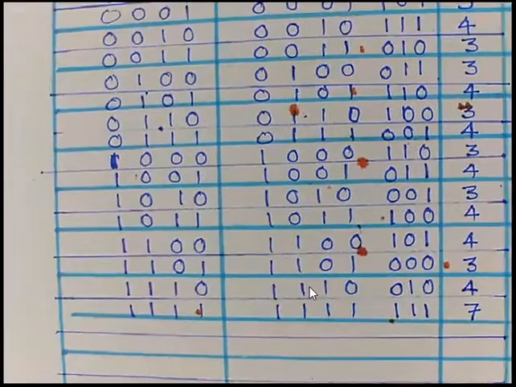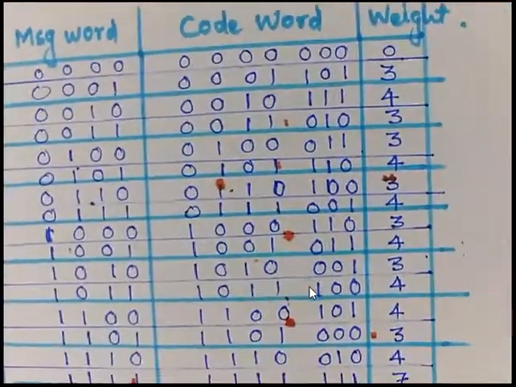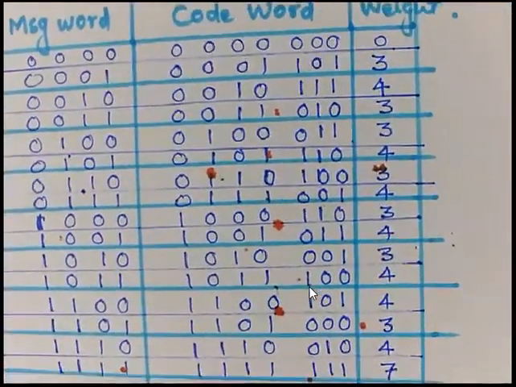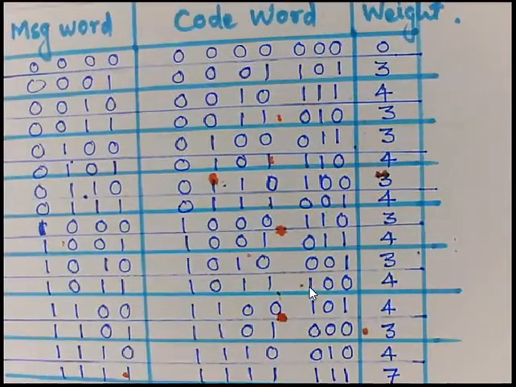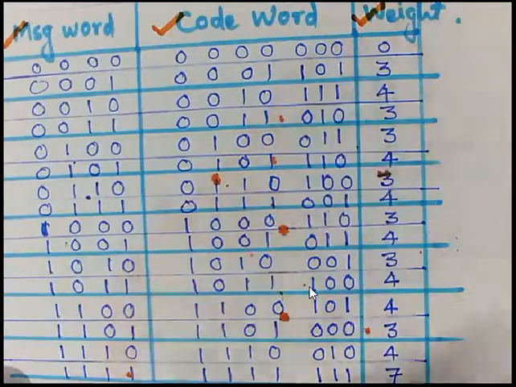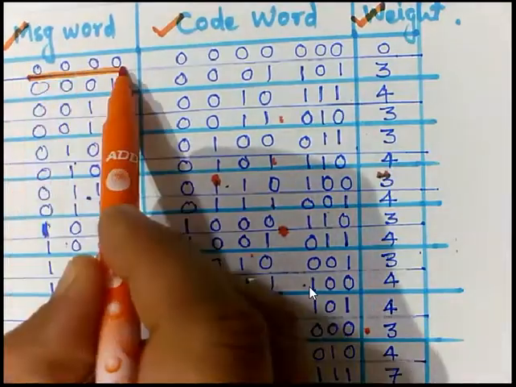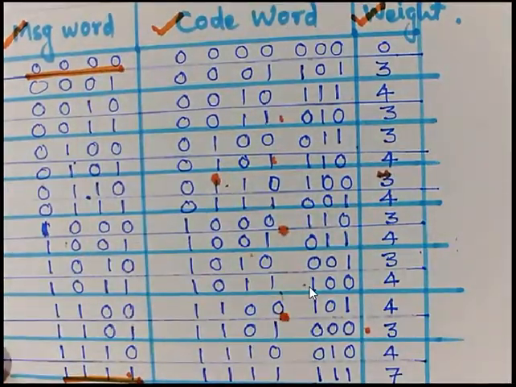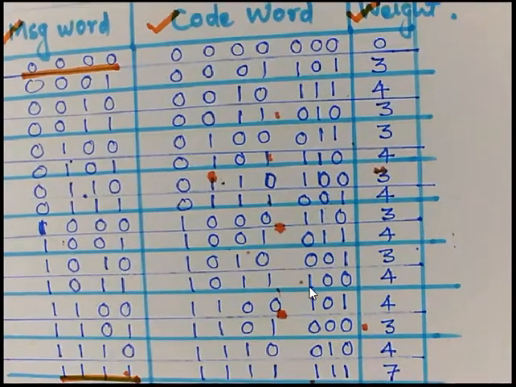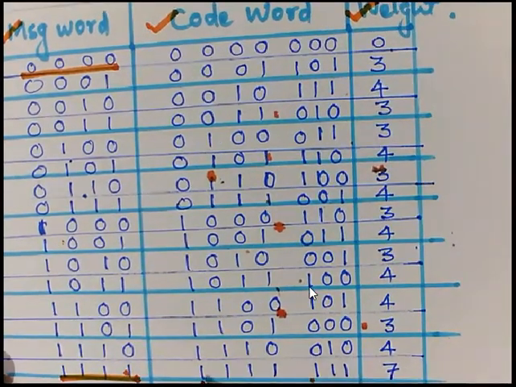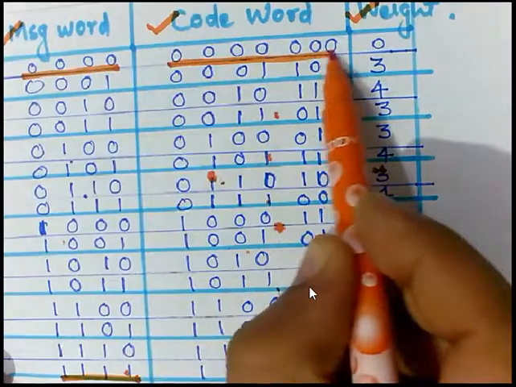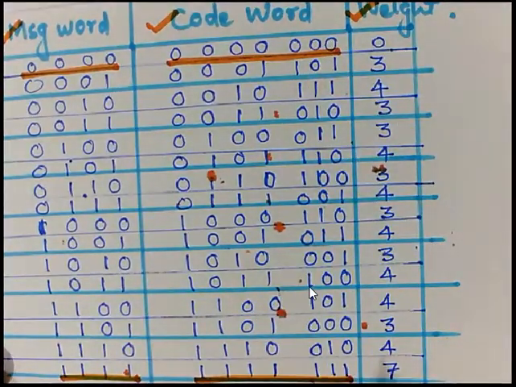So let's check the table. Already I prepared one table, with the message word, the code word and finally the weight. 4 zeros till 4 ones is the message word, and for the code word, 7 zeros till 7 ones is what we got.